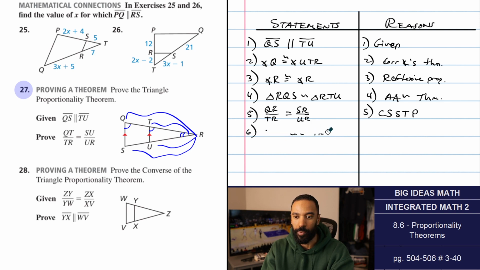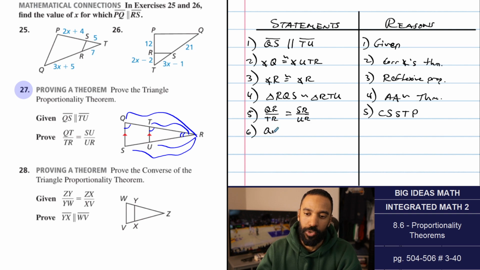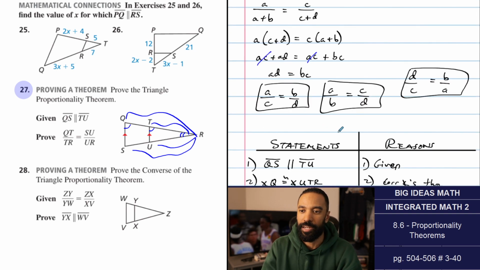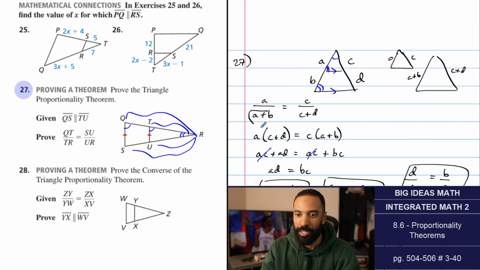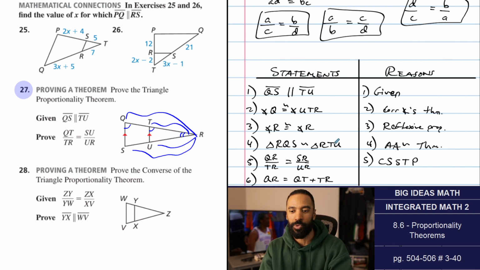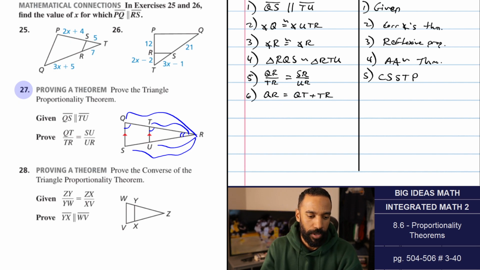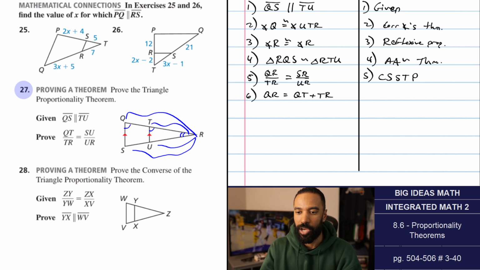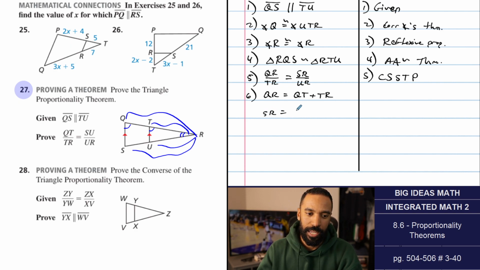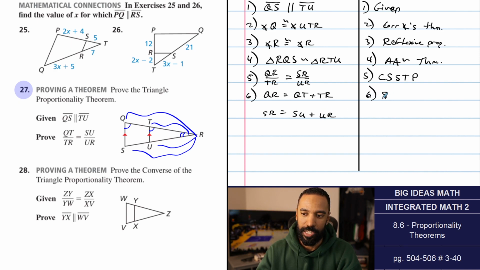So let's actually do it this way. Let's say QR is QT plus TR, because I have to think of it like my proof. I have A plus B here, and that's what I want to build. I actually want the A plus B as a part of it. So QR is QT plus TR, and then, wait, hold on, I just lost my other one. What was my other one? SR equals SU plus UR. So here's my segment addition postulate.